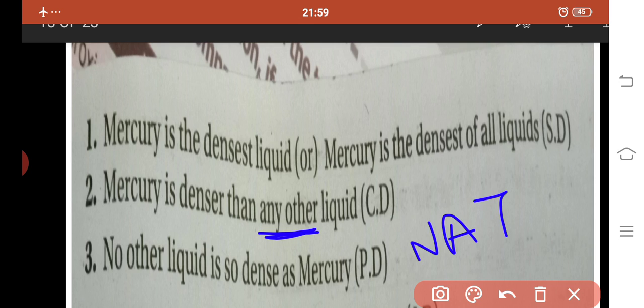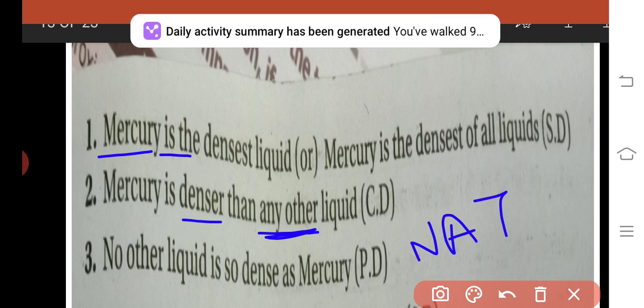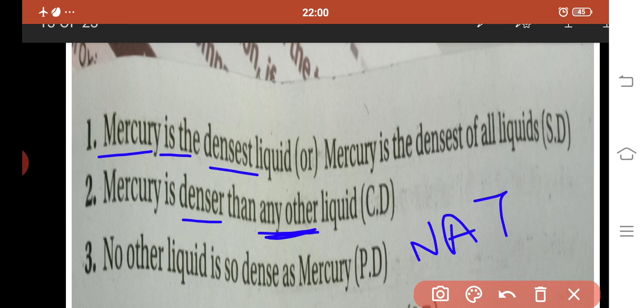In superlative form, mercury is denser became densest. Mercury is the densest of all liquids. Both are correct sentences. Mercury is the densest liquid, or mercury is the densest of all liquids. This way we have to change the type 2.